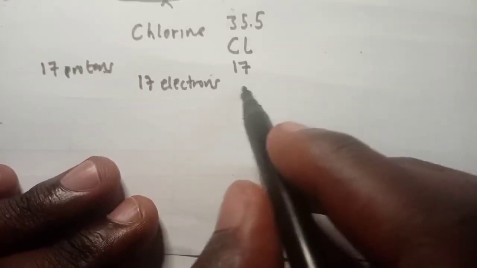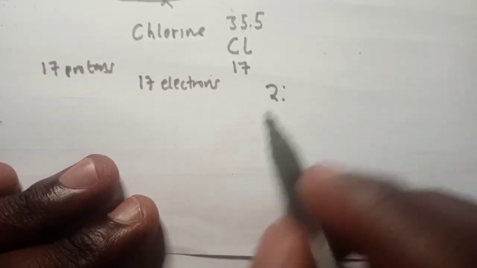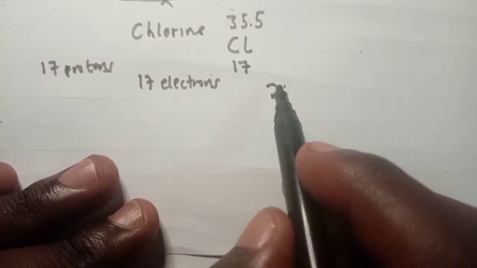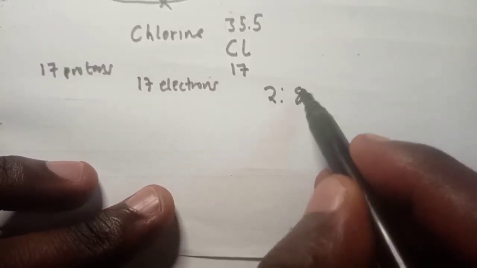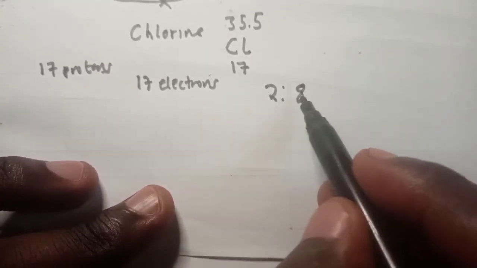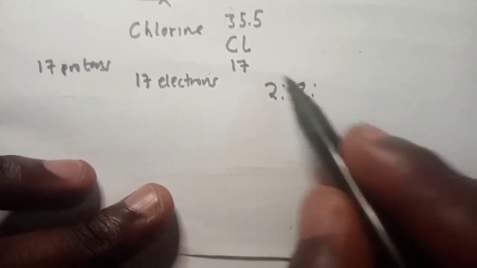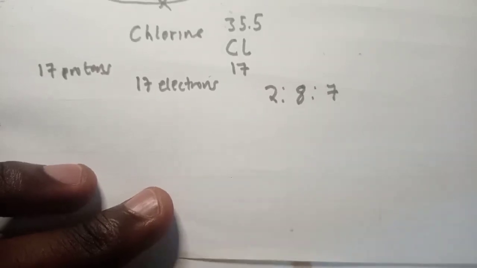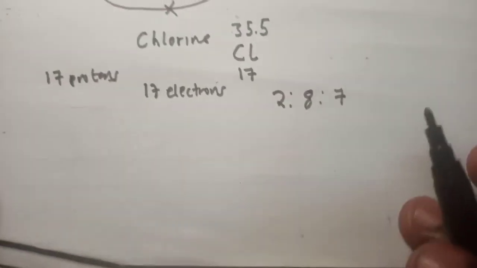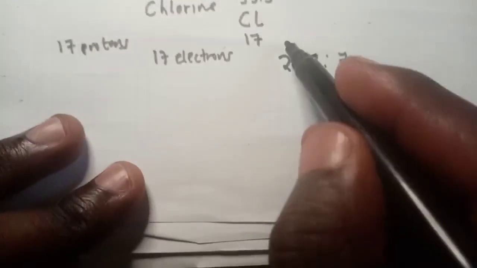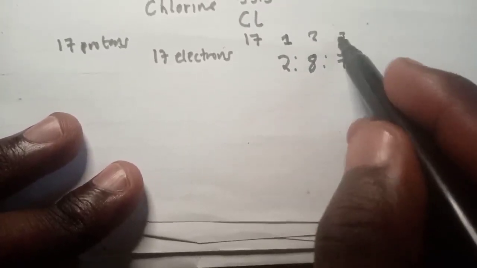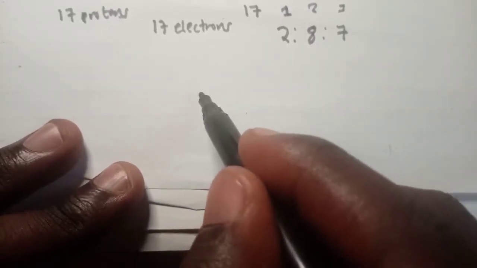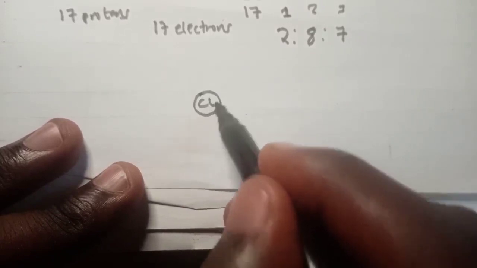The first shell will occupy 2 electrons. 17 minus 2 is 15. The second shell will occupy 8. So 17 minus 10, you have a remainder of 7. This is the electronic configuration: shell number 1 will occupy 2 electrons, shell number 2 occupies 8, and shell number 3 will occupy 7.